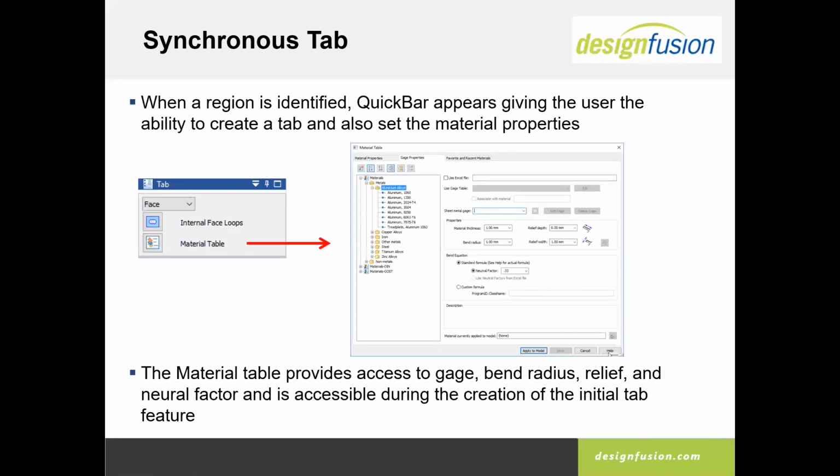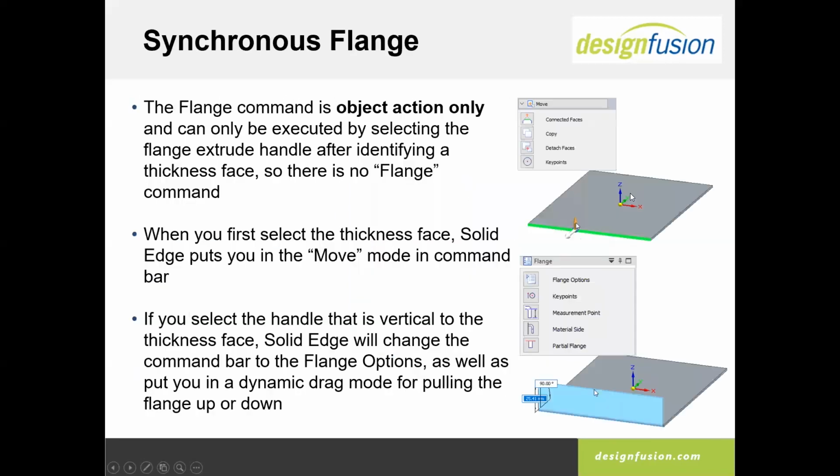They both use the same gauge tab, same neutral factor, and if you've created an Excel file, for our more advanced users, if they've created an Excel file for you to use, for example, in your company, that same Excel file is utilized by Synchronous.